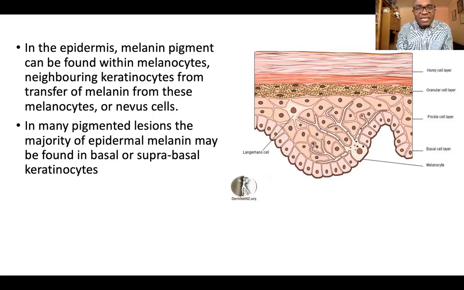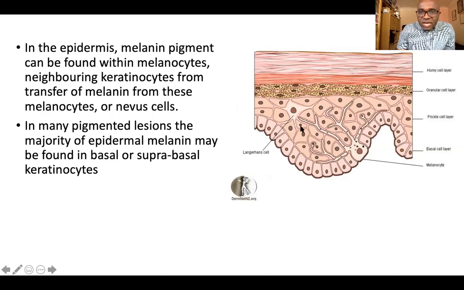Obviously, dermoscopy was developed in skin type 1, 2, mainly for distinguishing between pigmented lesions, and that's melanocytic lesions. However, as years have gone by, it has evolved so that it can be used in various other ways as well. So in the epidermis, melanin pigment can be found in melanocytes, as I said, with neighboring keratinocytes. So all these are the keratinocytes in there. This is the basal cells here, and this is one melanocyte here, and surrounding keratinocytes in the basal cells.